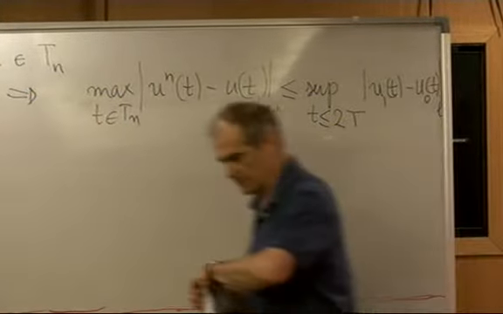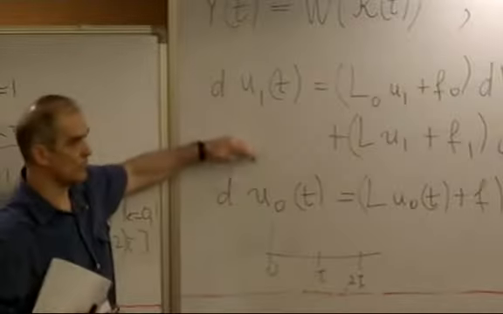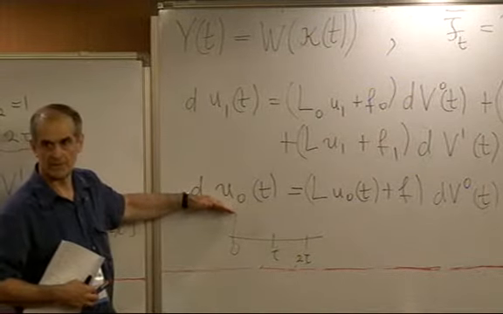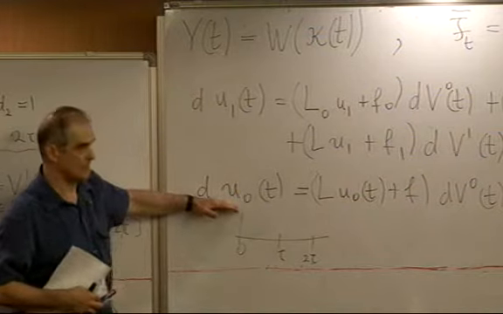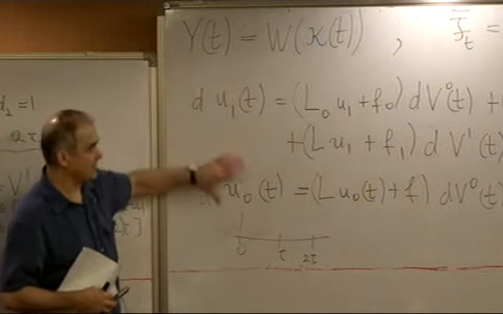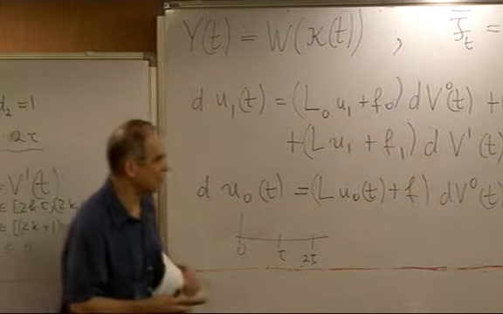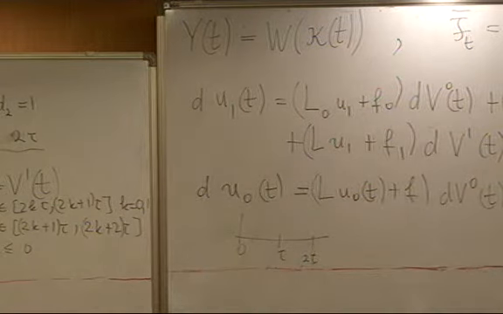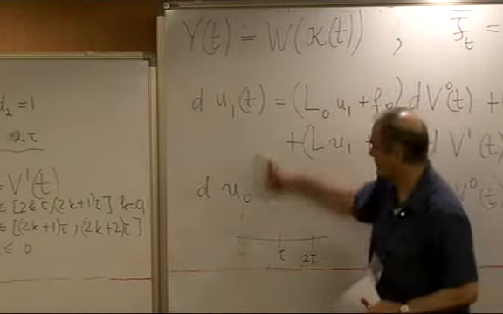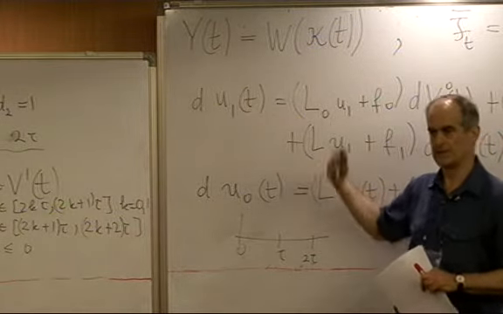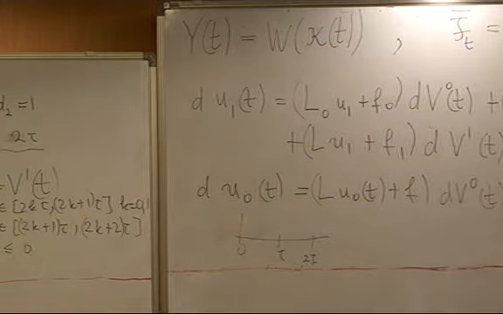So this is what we use. Now we have two equations, one related to the approximation, another one which is related in those ways to the original equation, and then we should consider the difference, and from the difference we have to estimate. We write down again an equation for the difference from the two in an obvious way, and then solving that equation we get the estimate. So this is one way to do it.